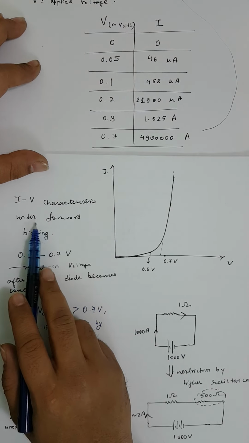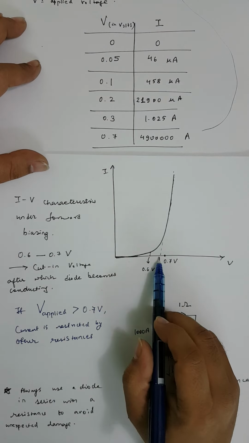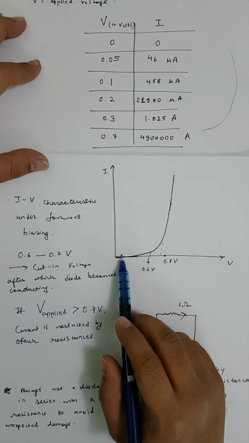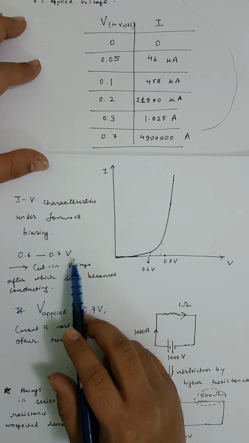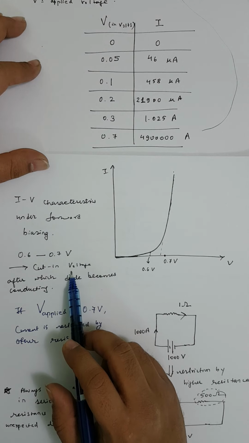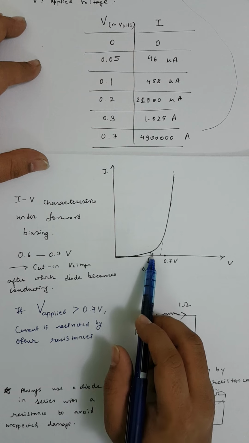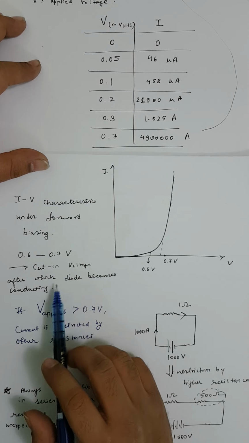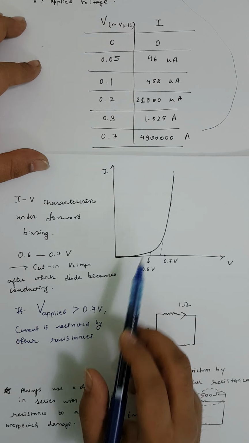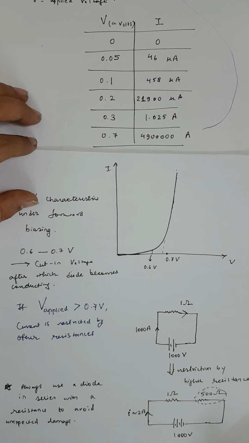So that is the IV characteristics of a forward biased diode. For this current to be significant, the potential difference applied should be roughly around 0.7. That is what is called the cut-in voltage. Prior to this voltage, the current through the diode is very less, and once the voltage across the diode becomes around 0.7, the diode can conduct an extremely huge amount of current, and so we say the diode becomes conducting.